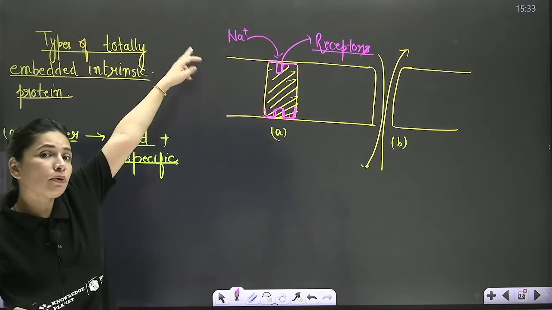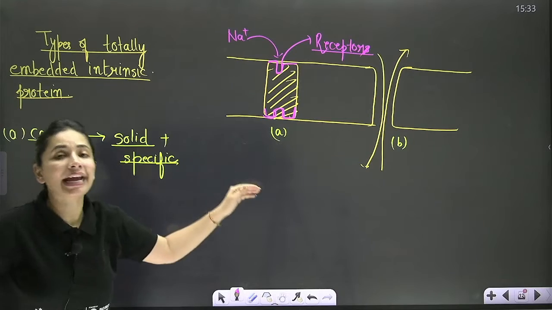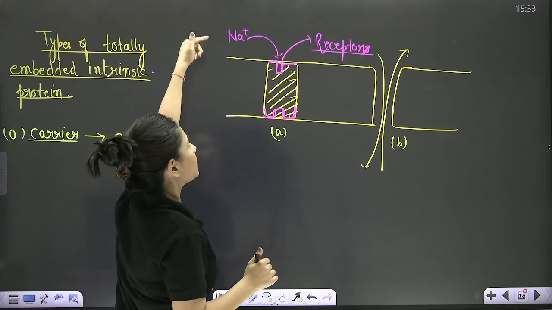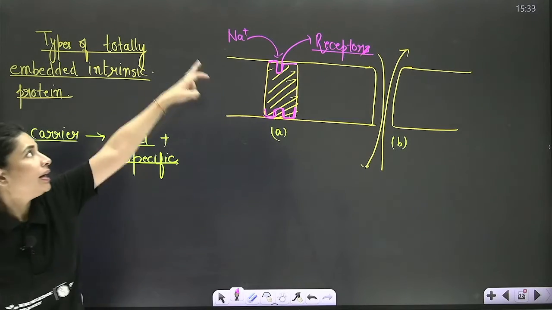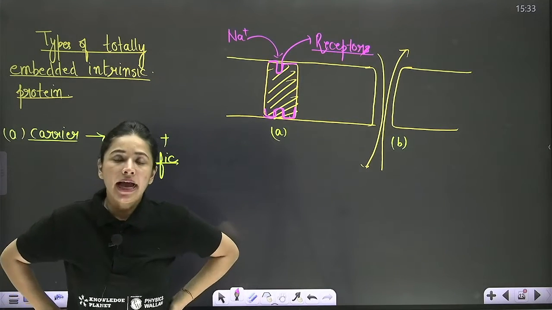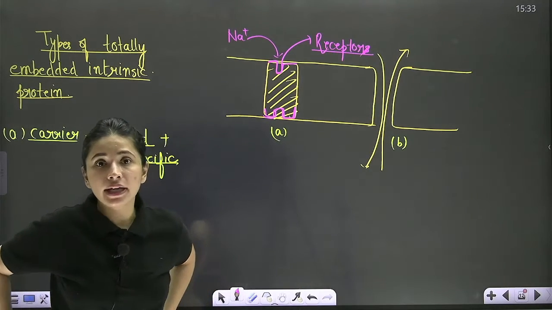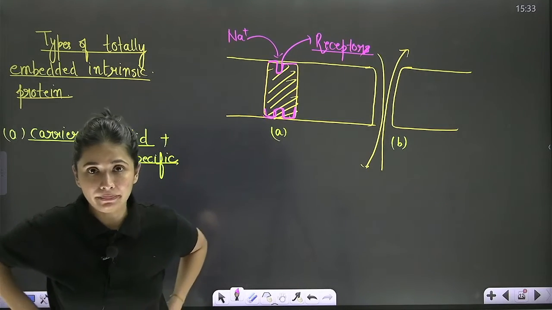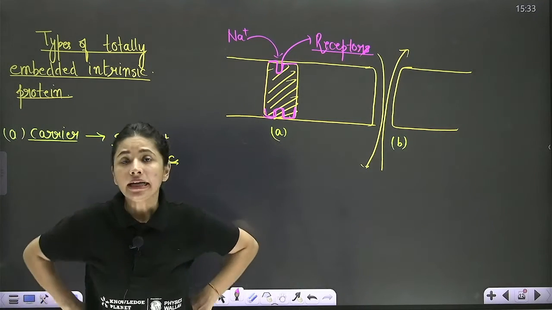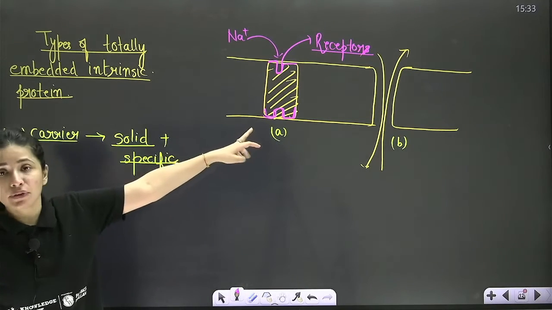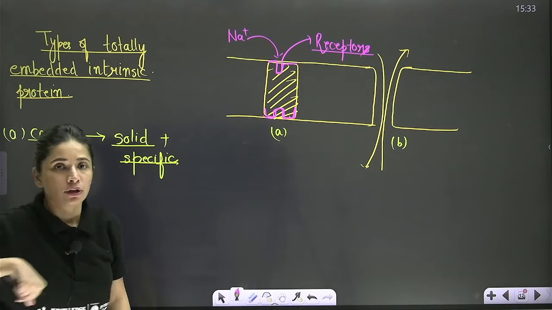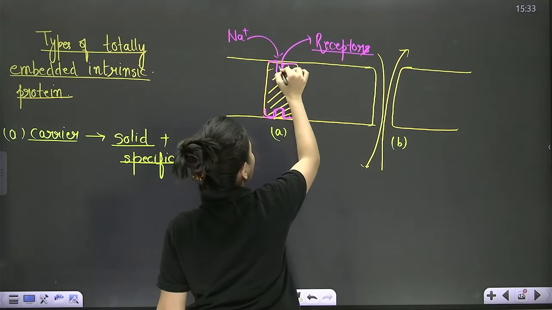So, suppose this sodium wants to come inside the cell, it cannot pass the membrane directly, because the membrane is hydrophobic in nature and this is a charged particle, and a charged particle cannot cross the hydrophobic membrane. Rather, it needs the help of some proteins. So, if it takes the help of A, that is carrier protein, it will bind to its specific receptor.